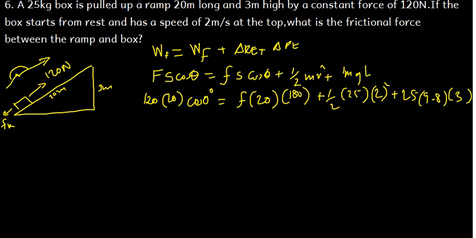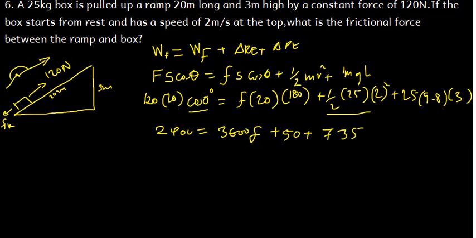Now cos 0 of course is 1, so 120 by 20 is going to give us 2400, and that is going to be equal to 20 times cos 180, giving 3600 f, and then plus we get this portion, 1/2 multiplied by 25 multiplied by 2 squared, which is giving me 50, and then 25 by 9.8 by 3, that is giving me 735.